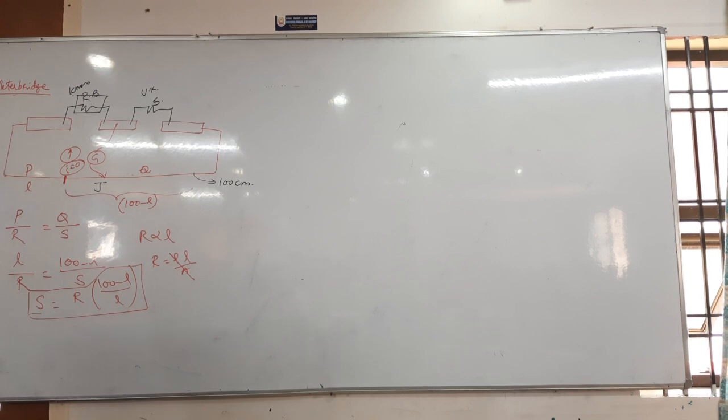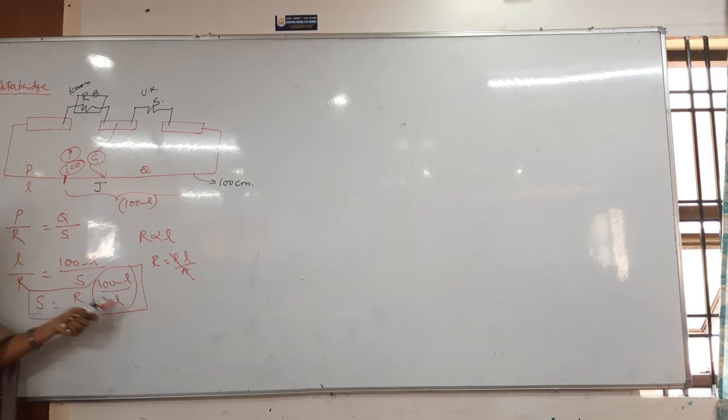So sometimes they will give the problem in percentages, and you shouldn't always expect that L is directly 20 centimeters or 30 centimeters. It might be given in percentages or in ratio, like 1/4 of the length, 2/4 of the total length. However they give it, you have to use this formula only: S equals R into (100 minus L) by L.